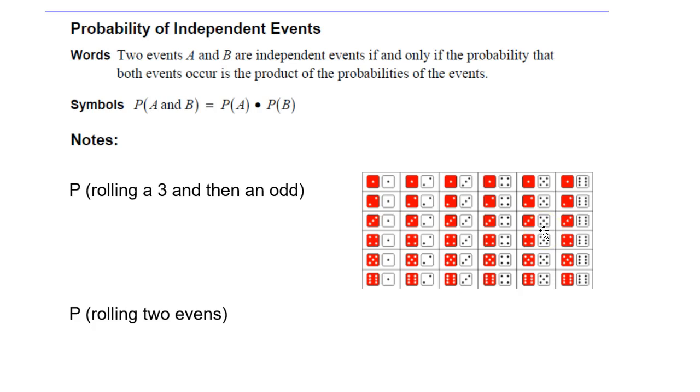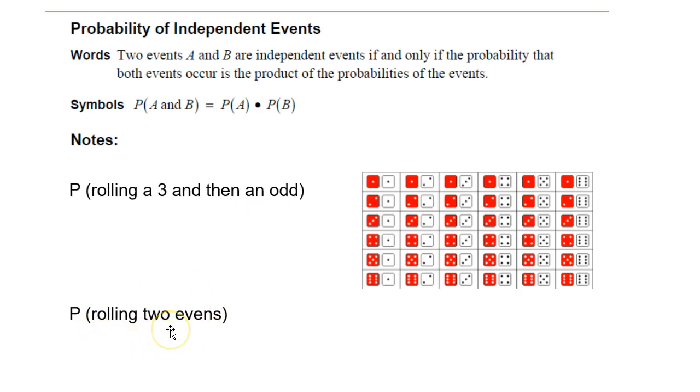So that would be 3 out of 36, which is 1/12. But if we didn't have it, then we could still figure that out. We're going to do the probability of rolling a 3, which is 1/6, times the probability of rolling an odd, which is 1/2. And 1/6 times 1/2 is 1/12, which is the same.